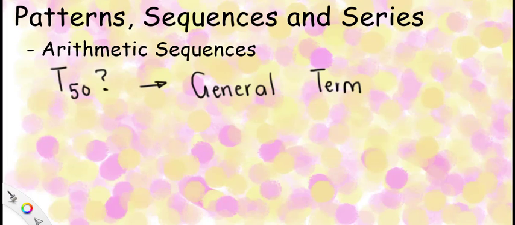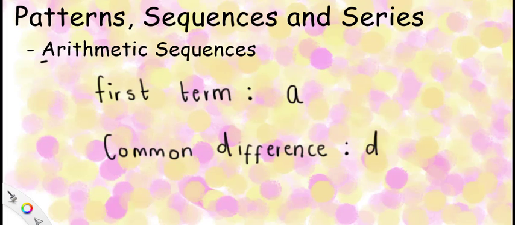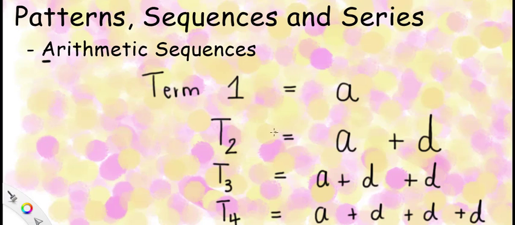Because we've been using variables, we're going to derive a general term, and we're going to introduce one last variable that we will use in this topic, and that's the variable Tn. n represents the term number, so n is equal to our term number. There are some restrictions about n. If we go back to our sequence, we'll know that n starts at 1, so we don't have a term minus whatever.